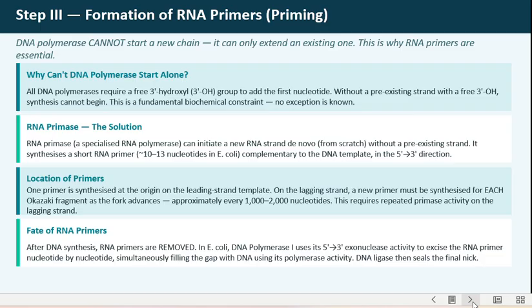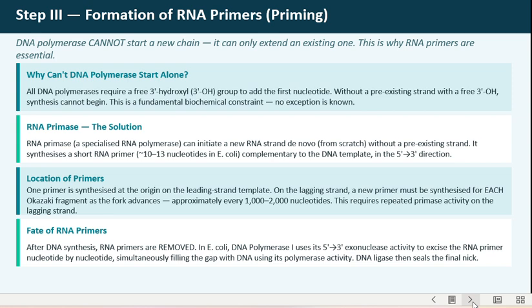When we look at replication, it doesn't just start de novo unless it's in a test tube. But even in a test tube, we synthesize primers that we use in PCR and all these other molecular techniques. So for the polymerase to start synthesizing new strands of DNA, they need primers. So that is known as priming.